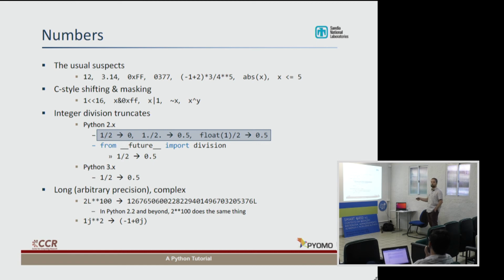This is a function that returns a value. And this is an inequality that returns 1 or 0 if it's yes or no, okay? But they are all examples of numbers. The C-style shifting and masking is like that. But we don't find it in Python.